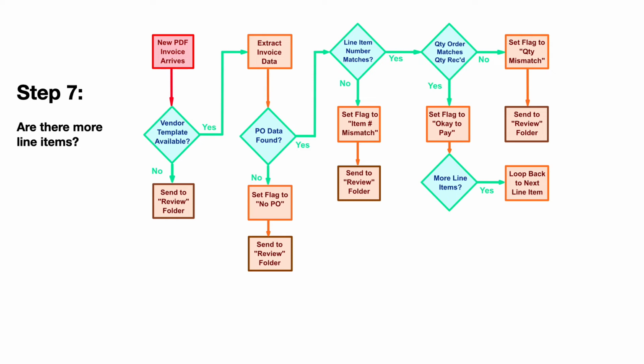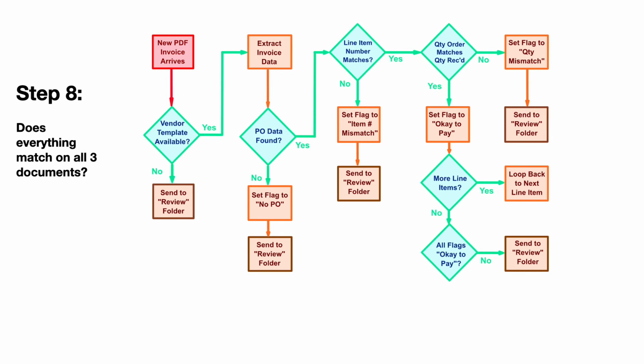If all the requested fields match properly on the purchase order, the receivers, and the invoice, it is set to OK to pay. AP Pro then checks to see if there are more line items on this particular invoice, and if there are, loops back and begins the testing process all over again.